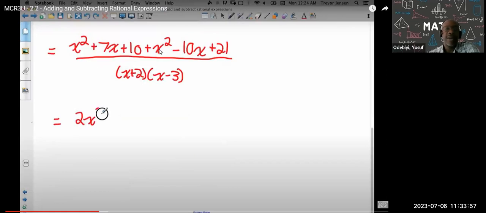Okay, now combine like terms, so I have x squared and x squared becomes 2x squared. I have 7x and minus 10x is going to be minus 3x. And I got 10 plus 21 is going to be 31. There you go, all divided by x plus 2 bracket x minus 3.